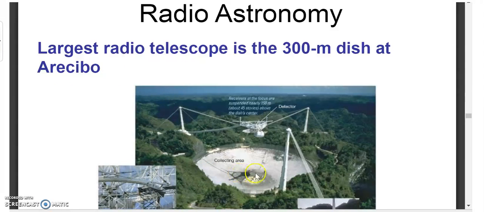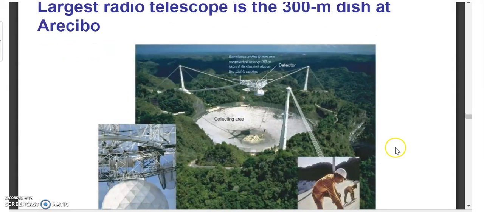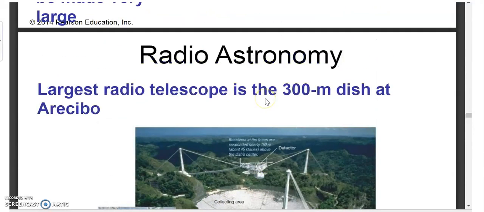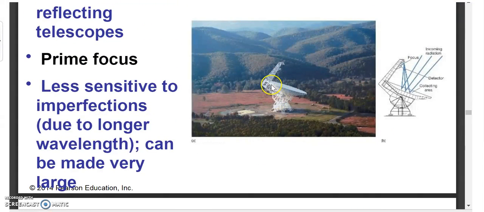It's actually built into the side of a valley, and the problem with it is it can't be aimed other than the Earth moving, right? The telescopes up here, you can aim them in almost any direction you want.